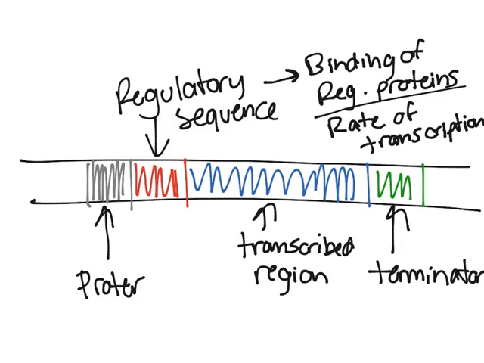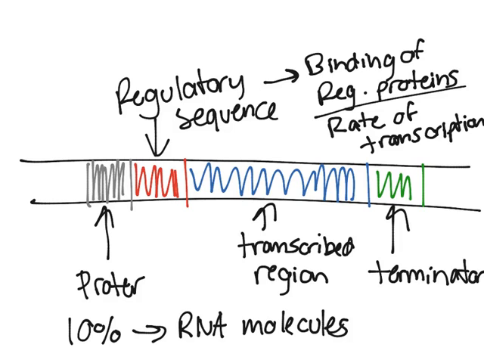It signals that the mRNA will be cut there. In total, 10% of your DNA codes for RNA molecules, and those are also called non-structural genes. The rest code for proteins, which are called structural genes.